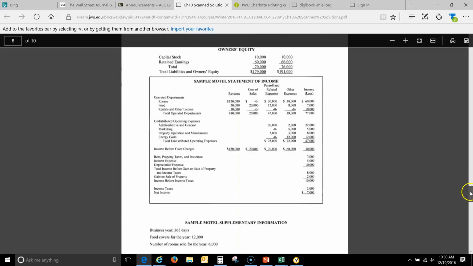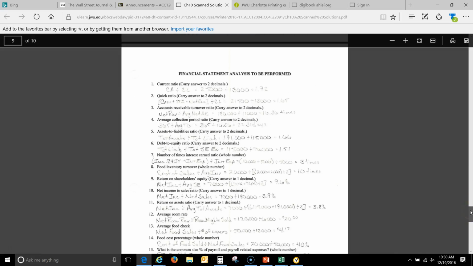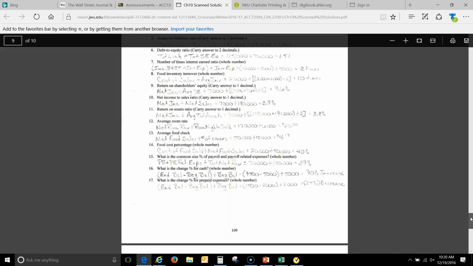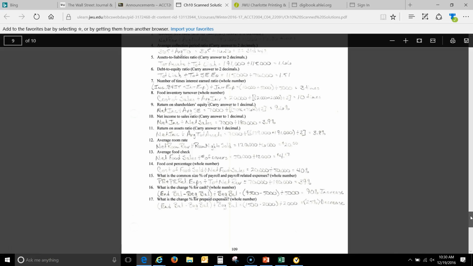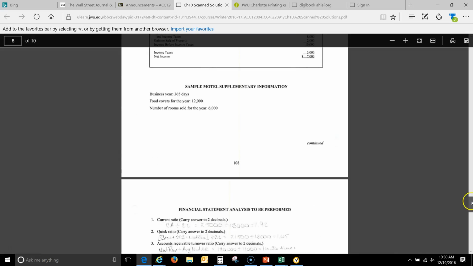What you might want to do is pull out page 109, and then we're going to flip back and forth on page 107 and 108.